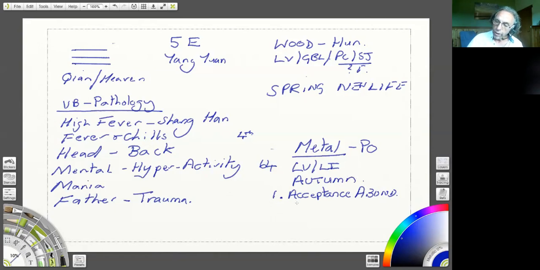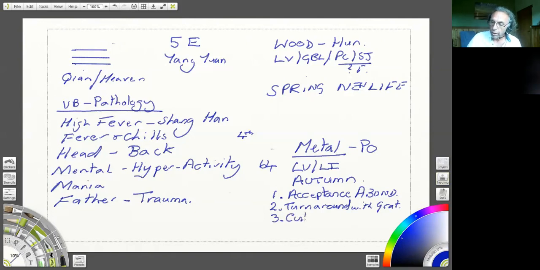So in order to accept abundance, autumn has to turn around with gratitude. It looks at all that's come before it, and gives thanks and appreciation for everything that's brought them to this stage in their life. And then the third component of metal and autumn is to cut off the waste.